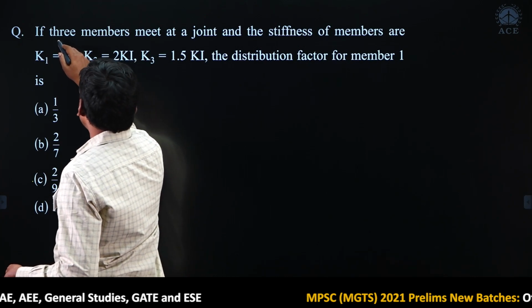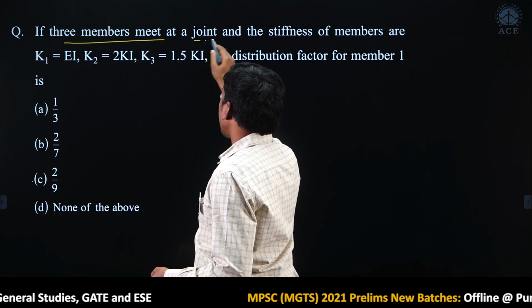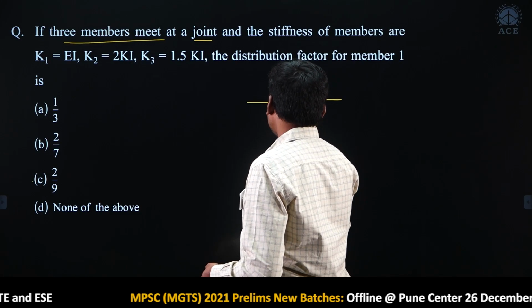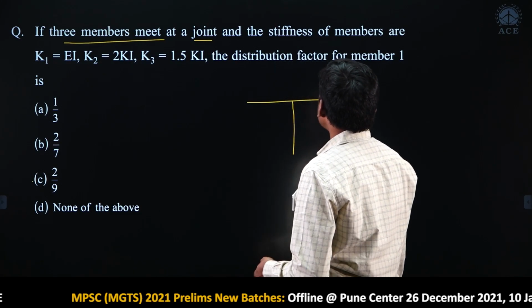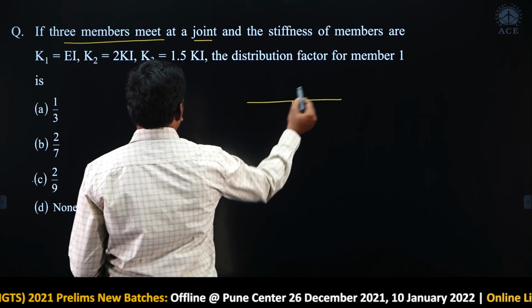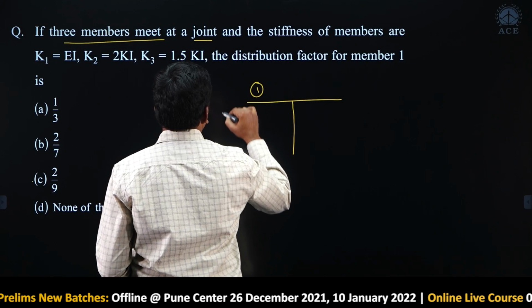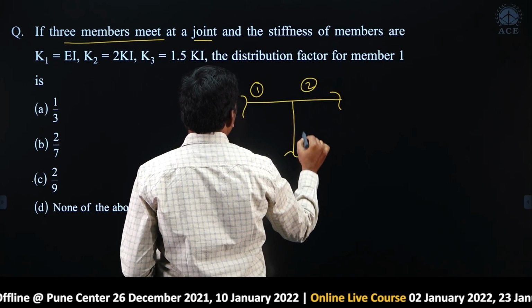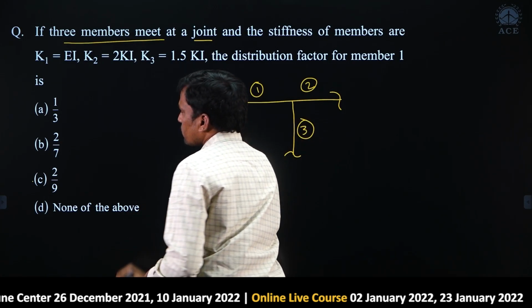If 3 members meet at a joint, the stiffnesses of the members are given. I will consider this member 1, this member 2 and this member 3.